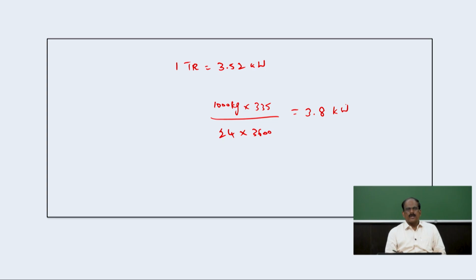This is the actual 1 TR. But people from the industry started using, instead of 3.8, around 3.5 kilowatt for 1 ton of refrigeration for practical purposes and for calculation. So with this, let me conclude part 2. Thank you.